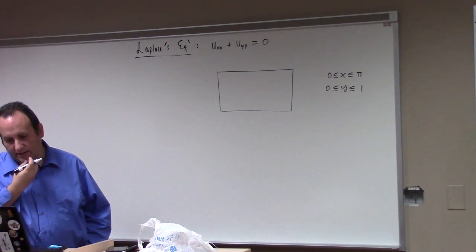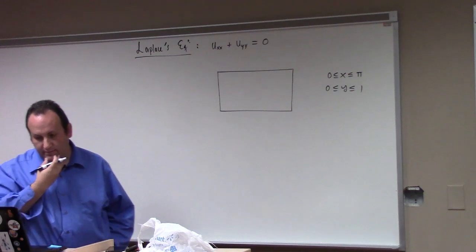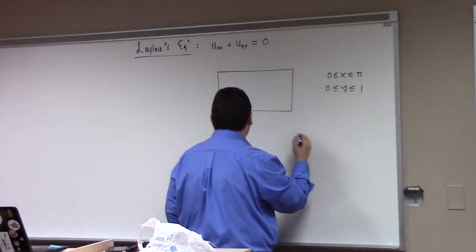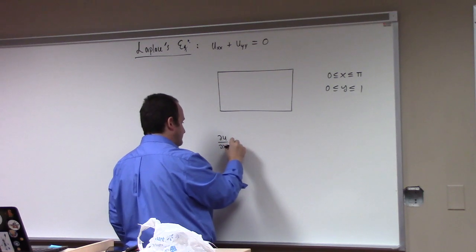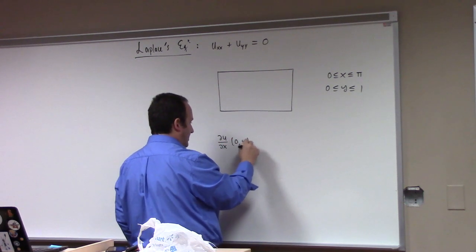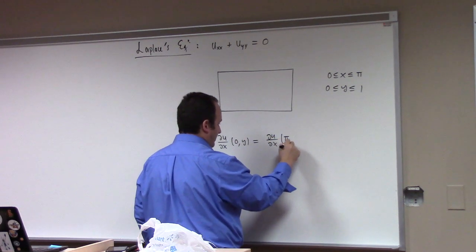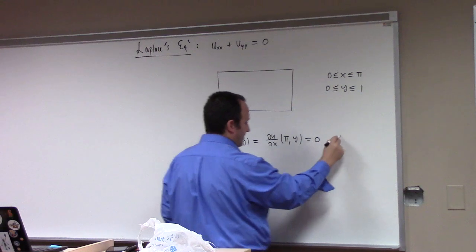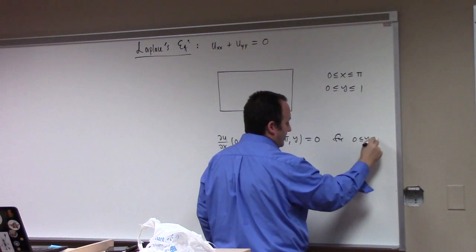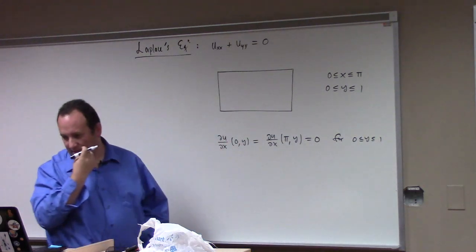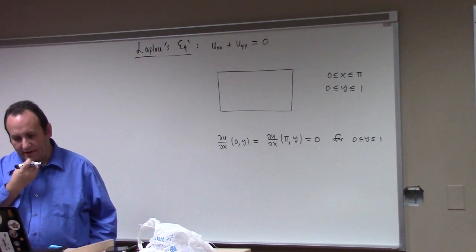In particular, I want partial u partial x to be 0 at x equals 0 and x equals pi for each y.